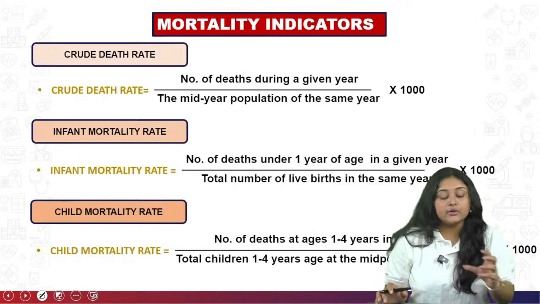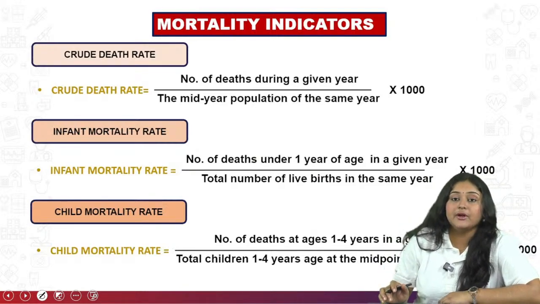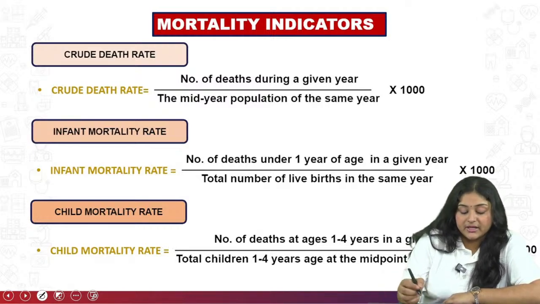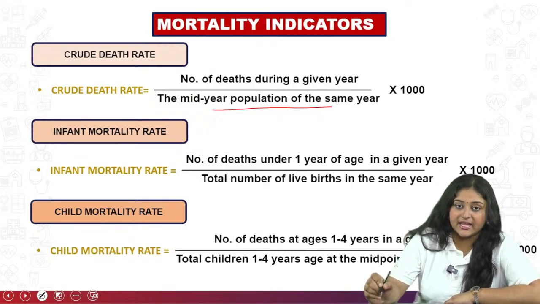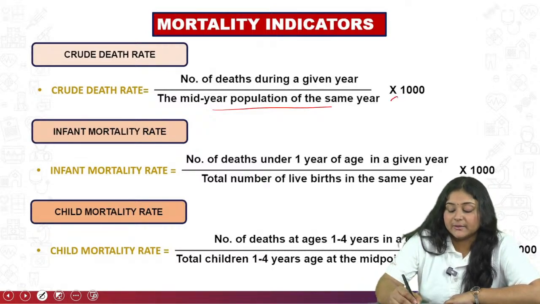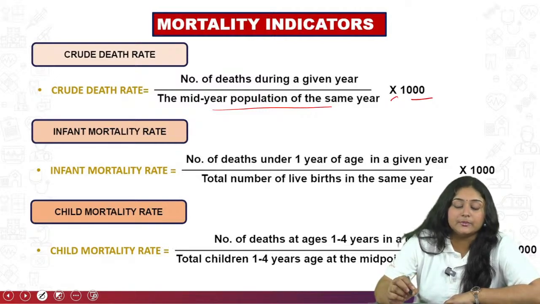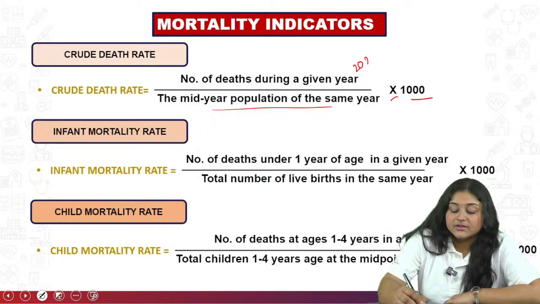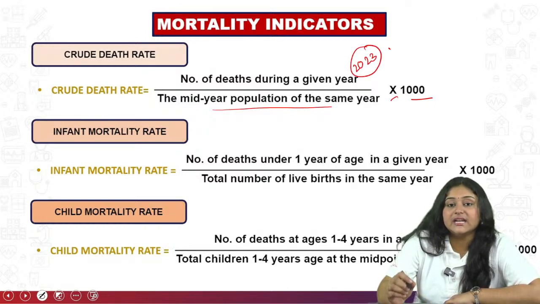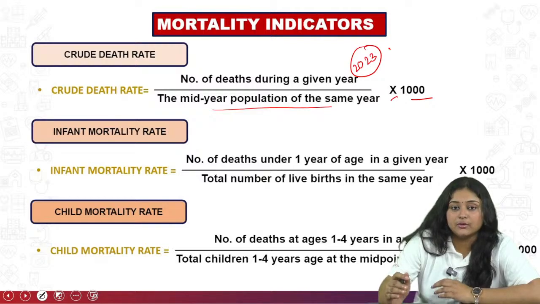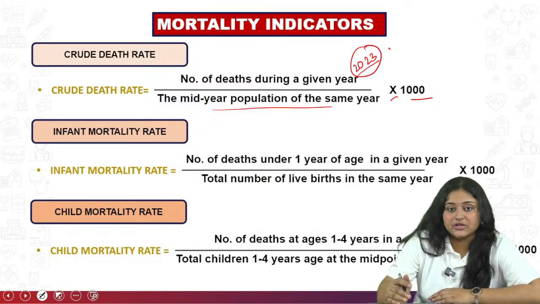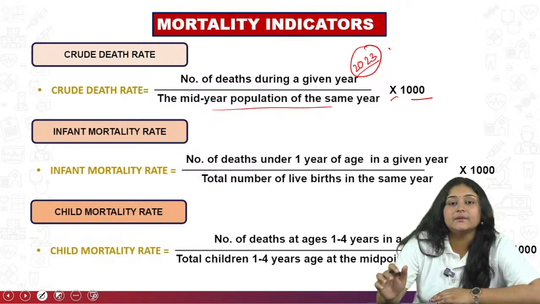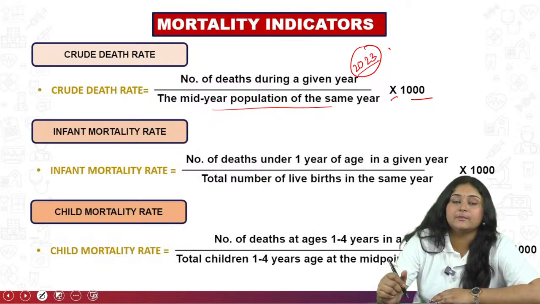So see first the crude death rate. Crude death rate is nothing but the number of deaths during a given year, divided by the median population of that same year in that same particular area, and that numerical form should be multiplied by 1000. Suppose in 2023 they gave the census, so based on that, the number of deaths which occurred in one particular area in 2023 should be divided by the median population of that same area in the year 2023. Then that should be multiplied by 1000.